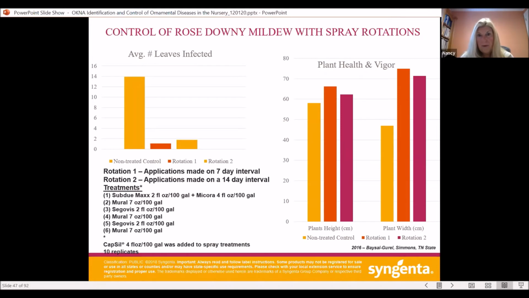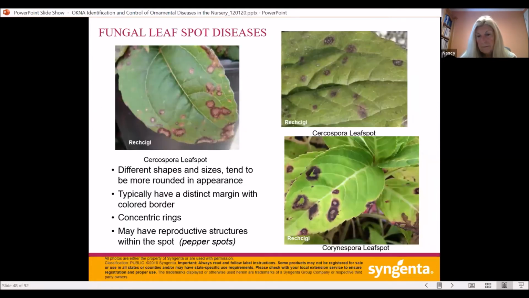Okay, moving on to some fungal leaf spot diseases. These can be a problem and more difficult to identify because they can look different on different crops. They come in different shapes and sizes.